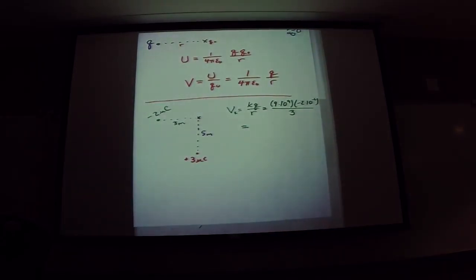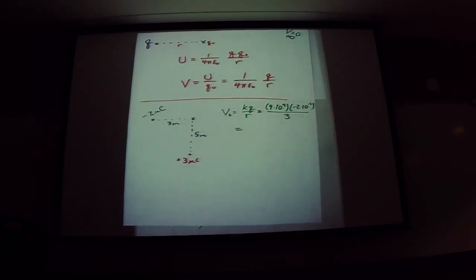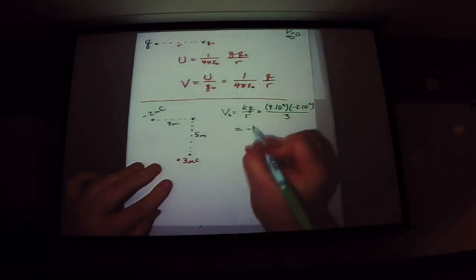So what I would get there is -6,000 volts. I think so, because 9 divides nicely into 3, and I get 3. 3 times -2 is -6. And 10 to the 9th times 10 to the -6 is 1,000, so therefore it's -6,000. It's -6,000 volts.